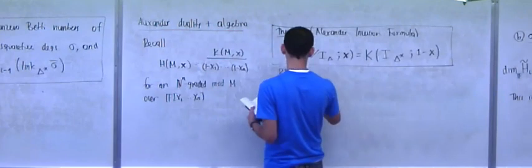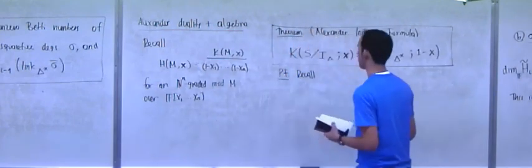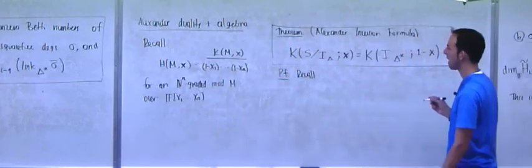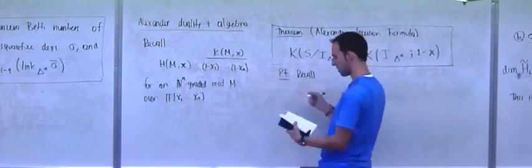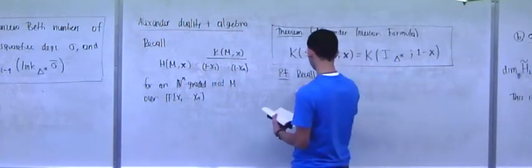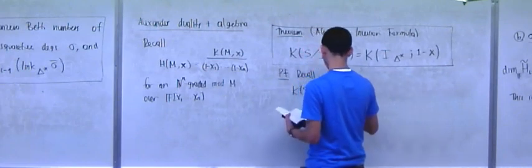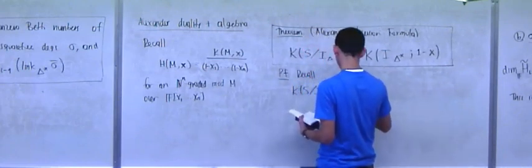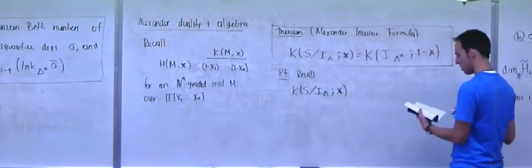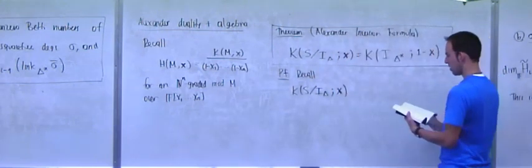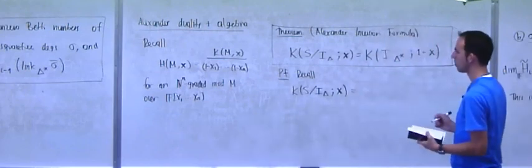So to prove this, you have to go back and see something that we proved back when we proved this theorem. We did this very explicitly.